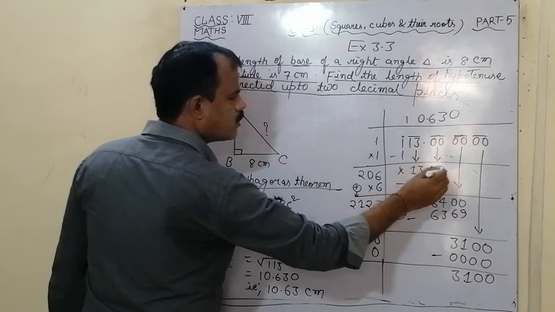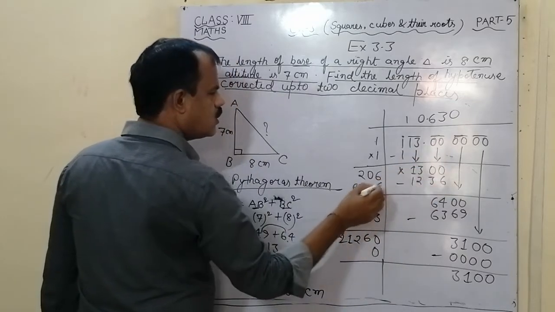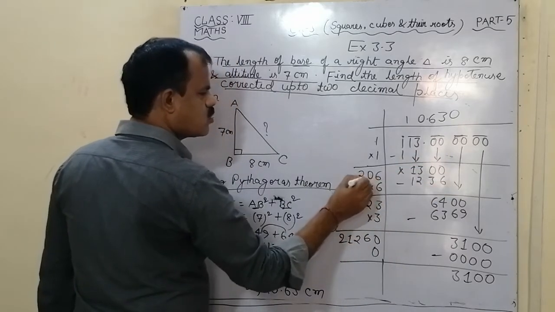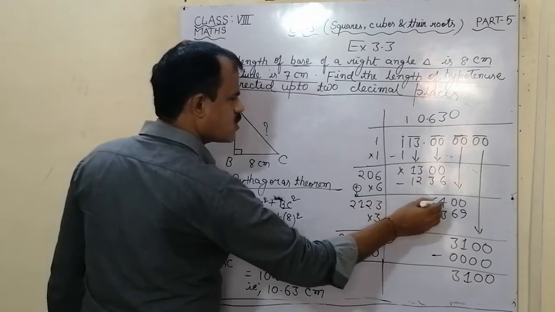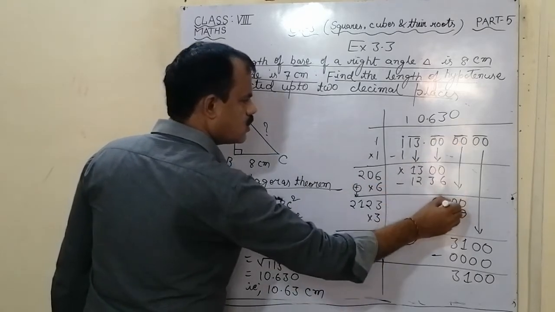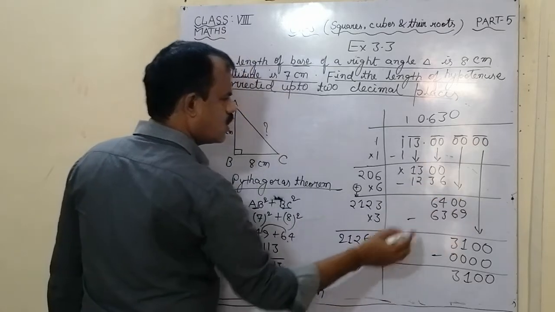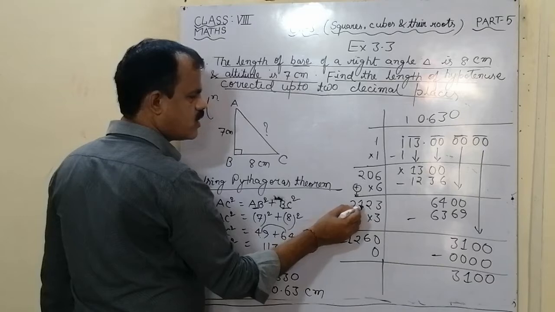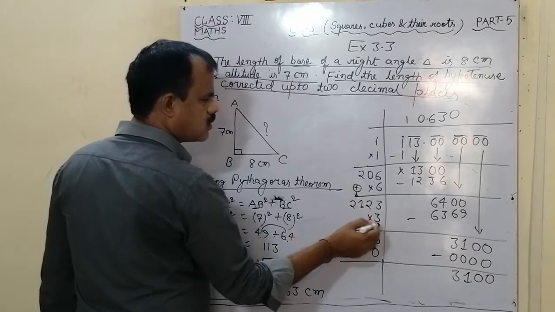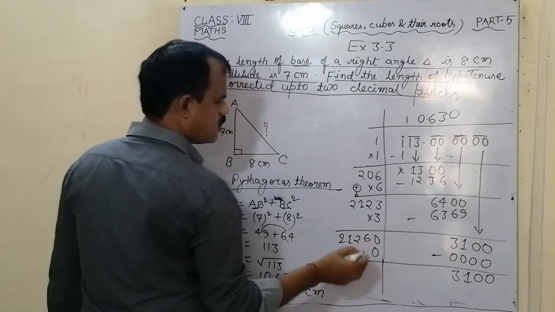Now bring down double 0 here, so it becomes 1300 divided by 6, 206 into 6 becomes 1236, minus, 64. Bring down this pair, double 0, it becomes 6400. 206 plus 6 is 212, and by 3 it becomes 6369.